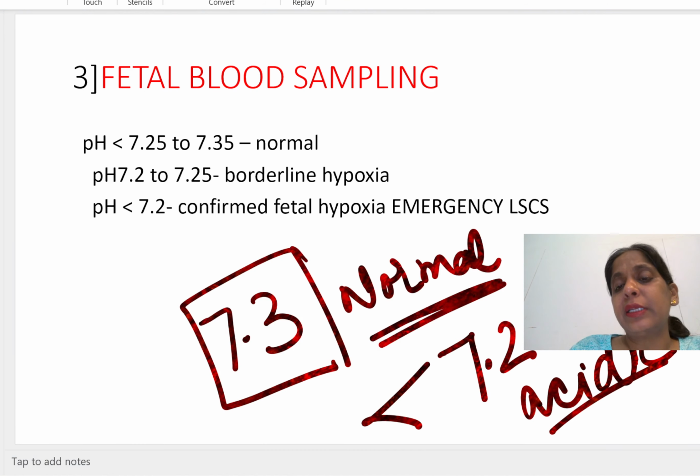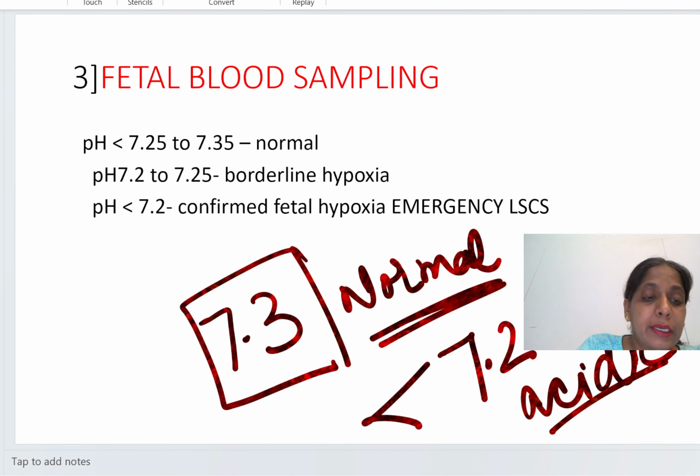It means this is the indication of emergency cesarean. Even though it's not followed practically, they will ask you. You just need to remember this value, that normal fetal pH is 7.3, and if it is less than 7.2, it means that the fetus is acidic.